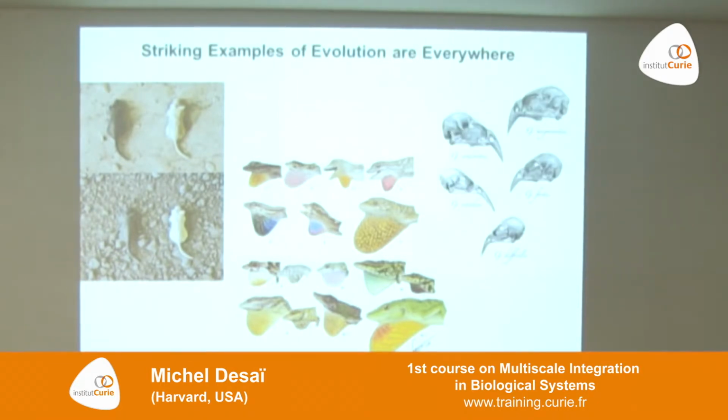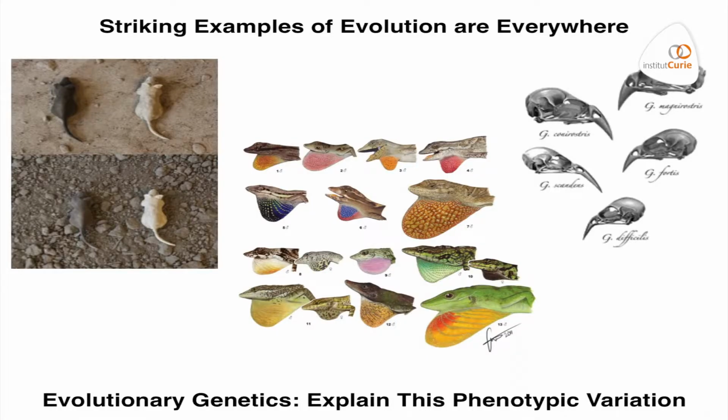This is perhaps the most famous example, Darwin's finches. You see a bunch of different skulls of different finches that live on the Galapagos, and they have different beak morphology, different head shape, and so on. And there's really a ton of work in evolutionary genetics which aims to understand and explain this phenotypic variation.